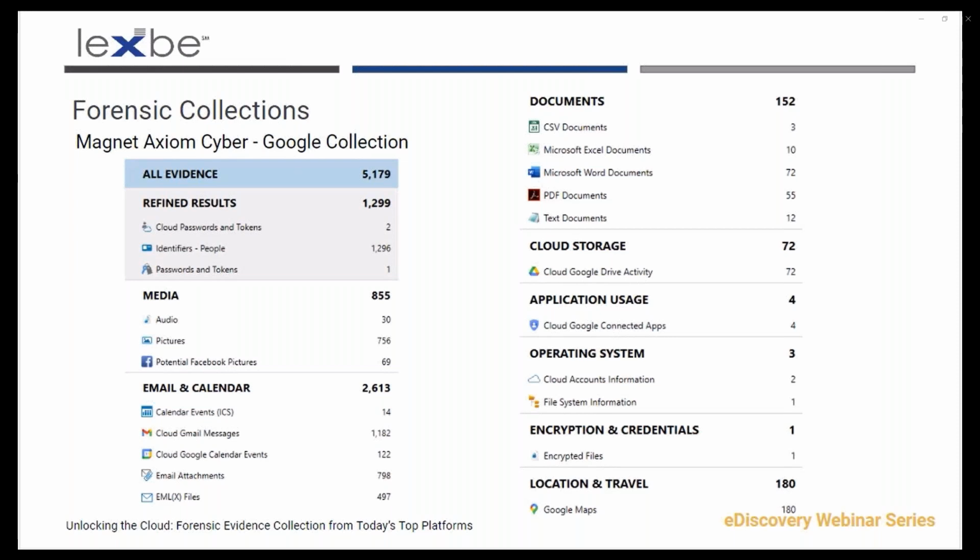You can see my Google Drive activity, so things going in and out when I access it. You can also see the application usage like we spoke about, Google connected apps. So I have 4 connected that I was using during that time range. And you can also see I have an encrypted file on my Google account, and you can also get my Maps location. So if I was using my Google Maps app on my phone, this is all linked to my Google account, so I'm going to be able to get that information on location as well.